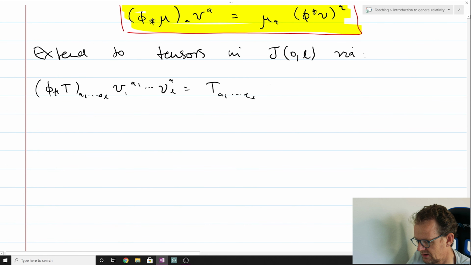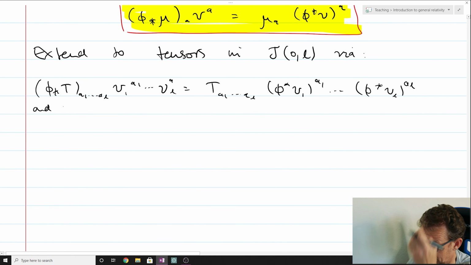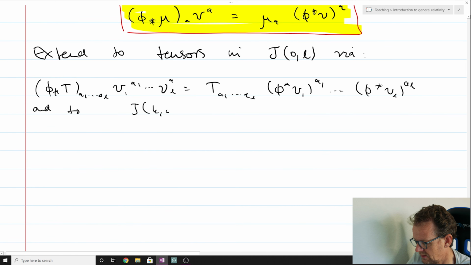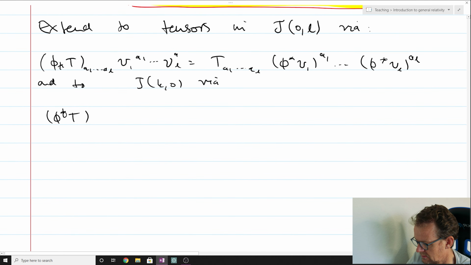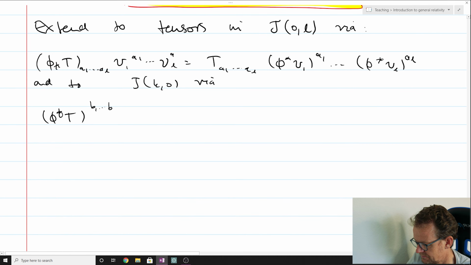And this is just the generalization of the pullback equation that we've already seen. And to tensors of type (k, 0), we also have a similar push forward type expression.